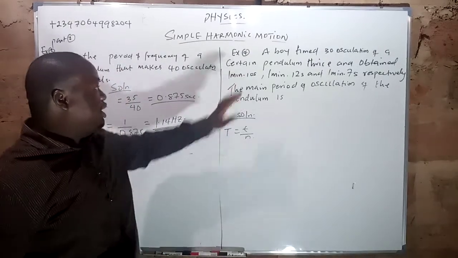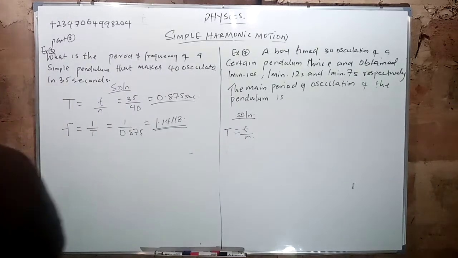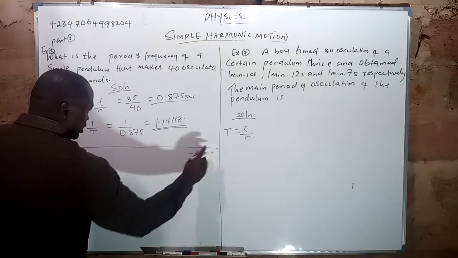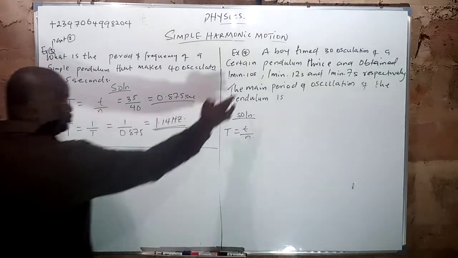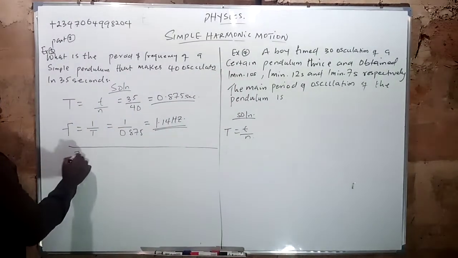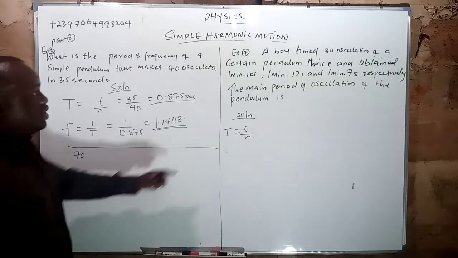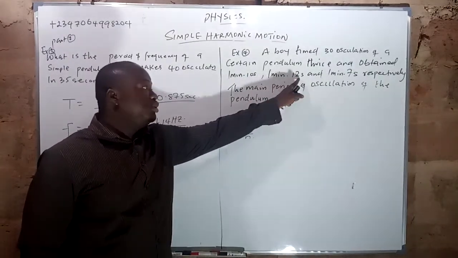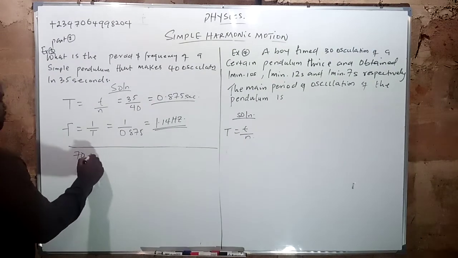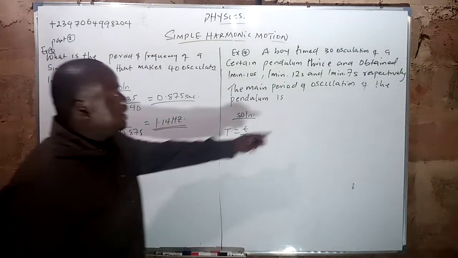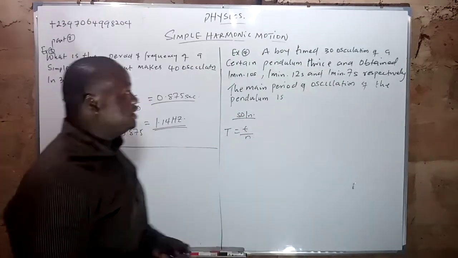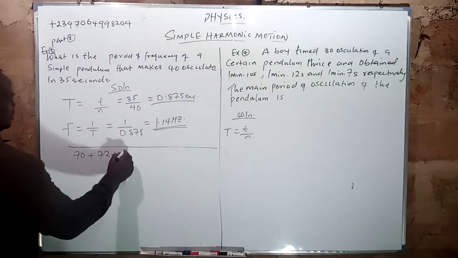So 1 minute is 60 seconds, right? Plus 10 seconds, that means you have 70 seconds. This one is 1 minute 12 seconds, so 60 plus 12 means you have 72. And here is 1 minute 7 seconds, so 60 plus 7 is 67, right?